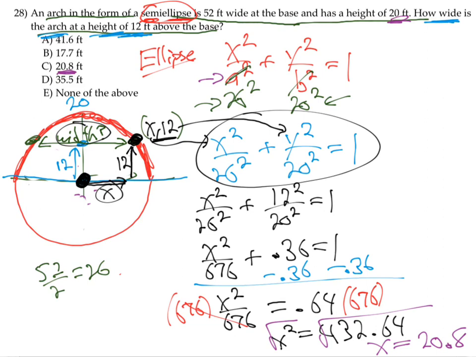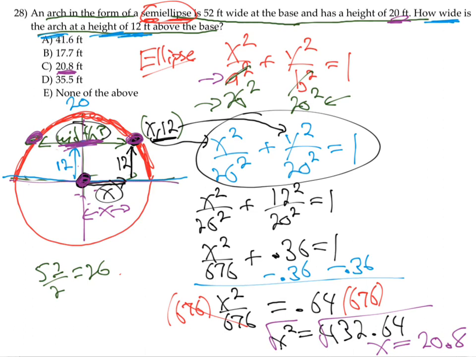Now careful, see how they got the 20.8 answer? They're baiting the hook, and they're trying to catch you like a fish. Careful, remember x is only from there to there. It's only half of the width. They want the width, which is from one side of the arch to the other side of the arch. X and y coordinates are always from the middle of the axis system.